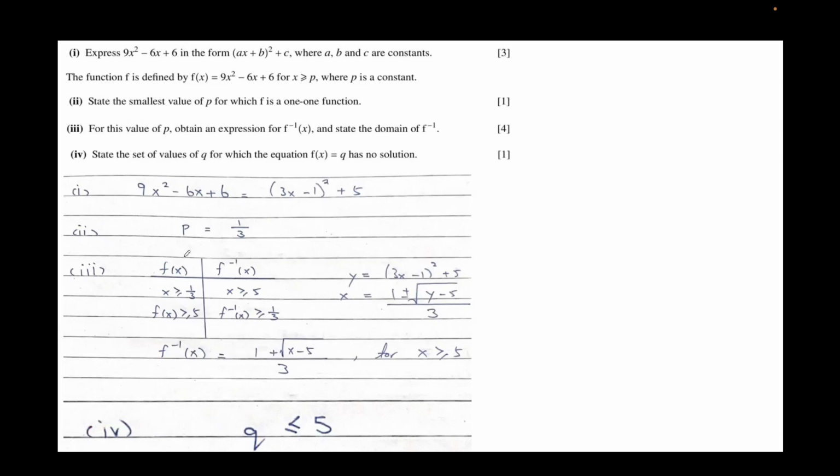So what we did over here is, we've done the table first. No matter what for these types of questions, you always do the table first to illustrate what f of x and inverse f of x is.